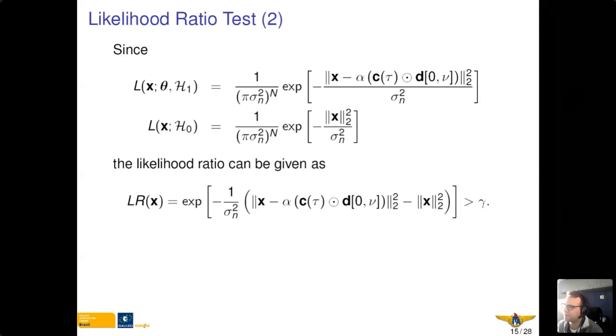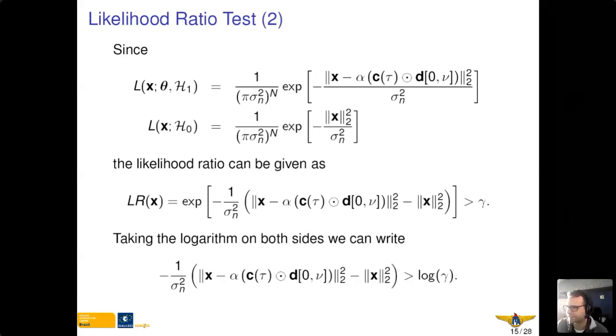If this is above the threshold, we achieve a certain probability of detection and probability of false alarm with our detector. So what we have to do is evaluate the likelihood ratio and check whether it is above the threshold. If it is, we have achieved a detection with a certain probability of false alarm and probability of detection.